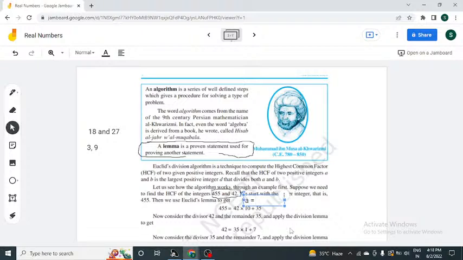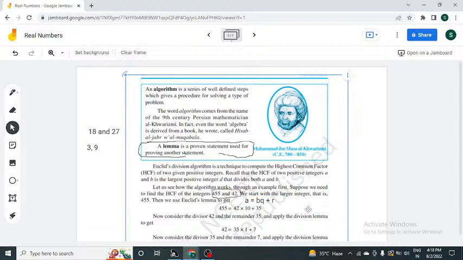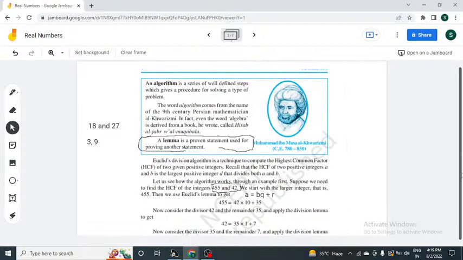So this says A equals BQ plus R. 455 is A, 42 is B, Q is 10 and R is 35. So what we have done here is we have written 455 as 42 times 10. If you do 42 times 10, you'll get 420, and the remaining number is 35, so we added that. Okay, so this is the lemma that we applied.